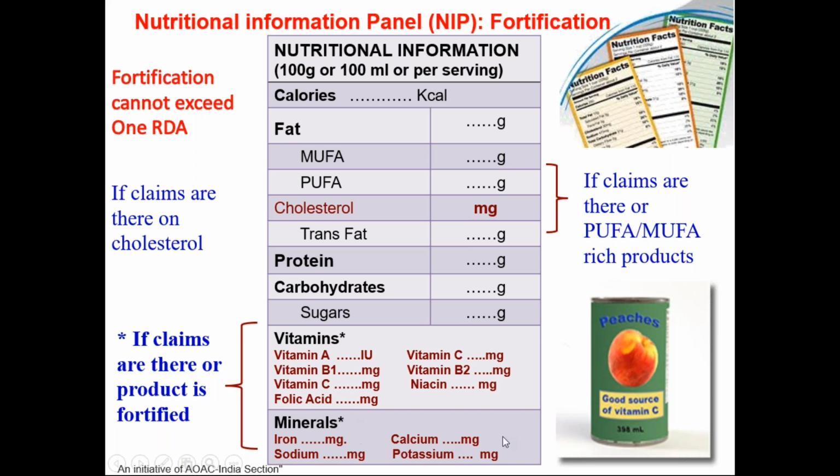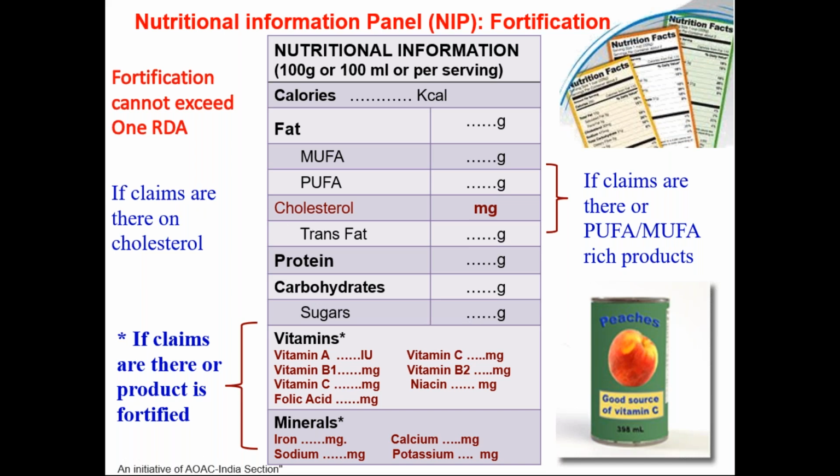Even minerals are in metric units. If any claims are made for the fortification, it is there. For example, in this canned food, it says good source of vitamin C. So in the nutritional fact panel, the vitamin C content must be there. If you make any claims on cholesterol, then the cholesterol content must be there.